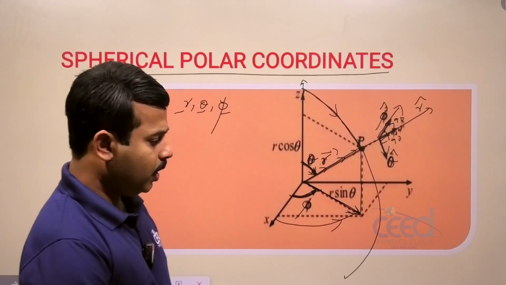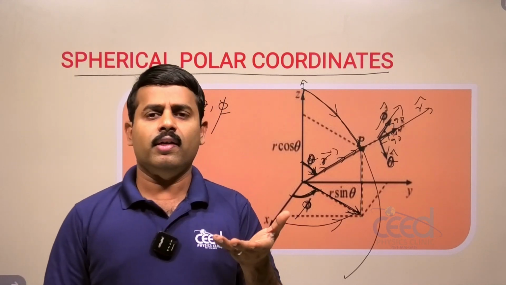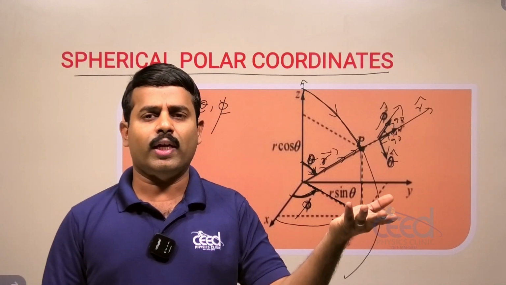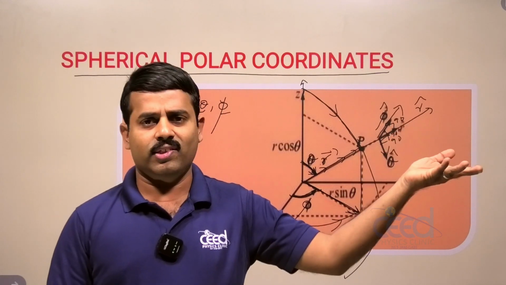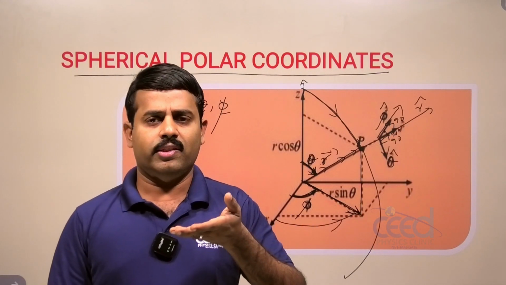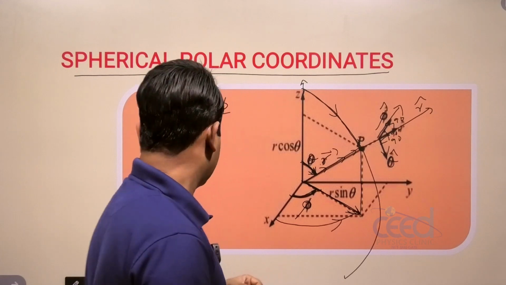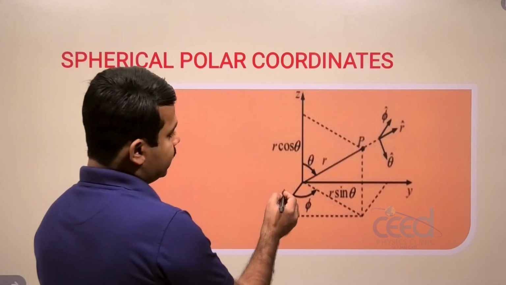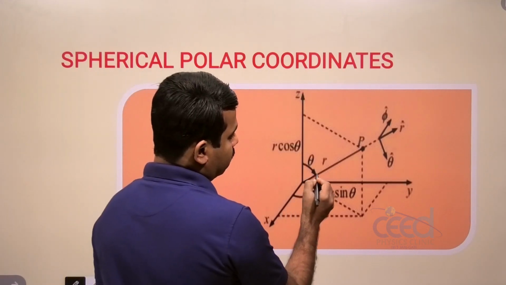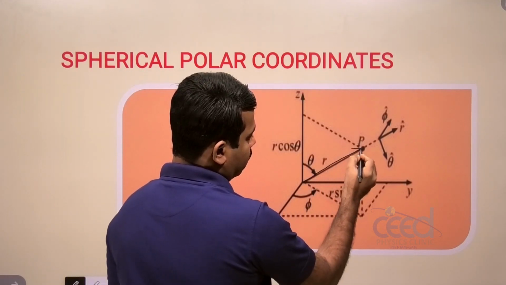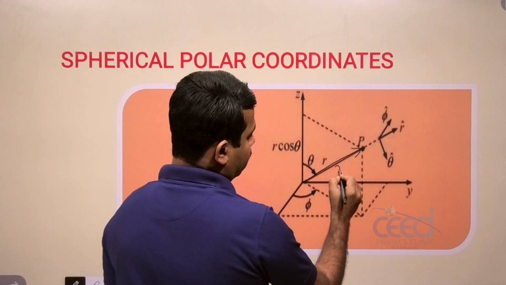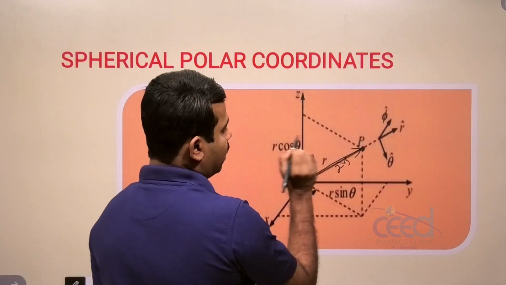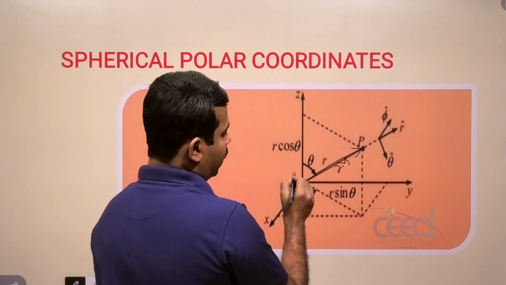Now we have to define what the x coordinate, y coordinate and z coordinate are in the spherical polar coordinate system. Look here, this is our r vector.